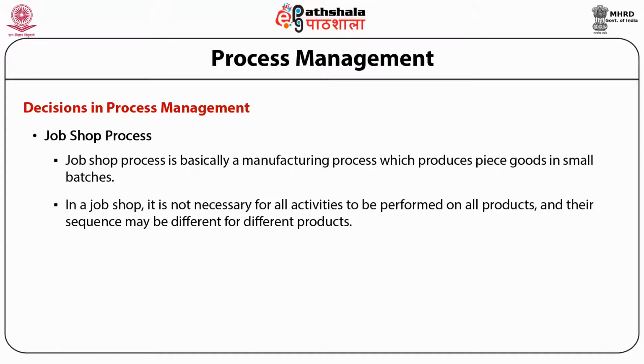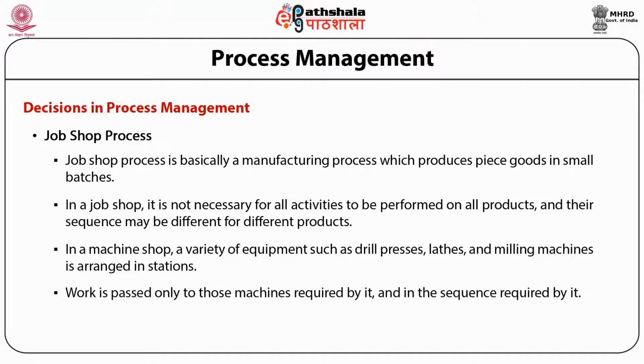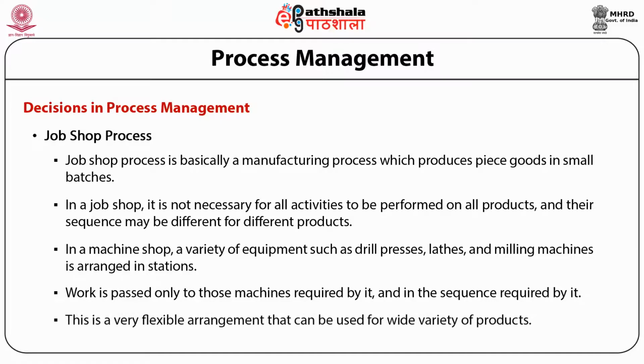To illustrate the concept of a job shop, consider the case of a machine shop. In a machine shop, a variety of equipment such as drill presses, lathes, and milling machines is arranged in stations. Work is passed only to those machines required by it and in the sequence required by it. This is a very flexible arrangement that can be used for a wide variety of products.